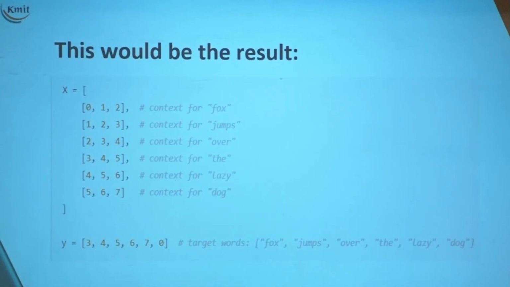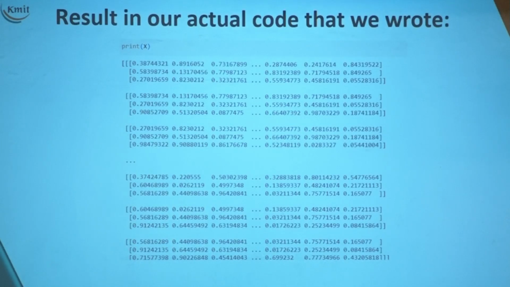So for 0, 1, 2 context or its relevant vectors, the target would be 3. For 1, 2, 3 as your context vectors, the target would be 4. Like that you create your input-output pairs. This is called preparation of your dataset.